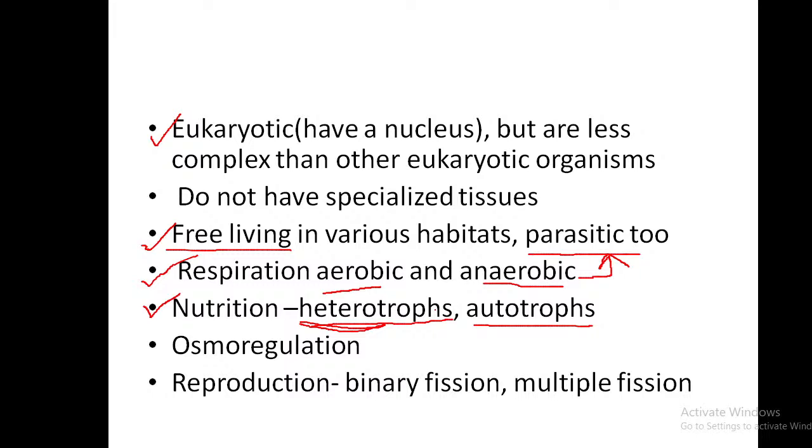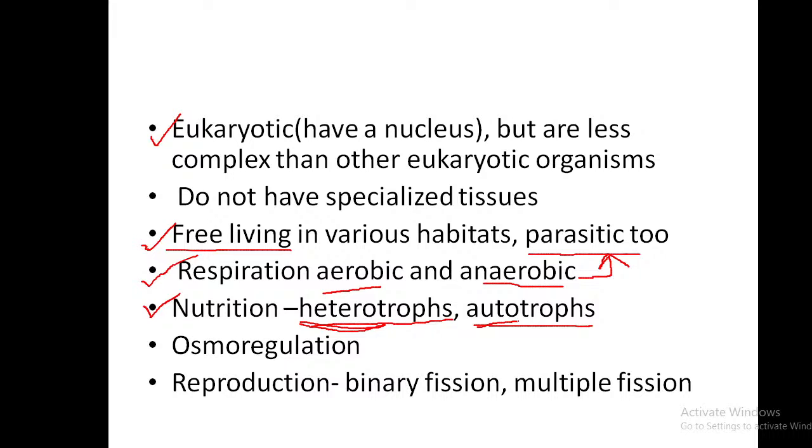Human beings are heterotrophs. We depend on other sources for food. That's heterotroph. Hetero means many. Depending on many sources for food is heterotroph. Autotroph means they can prepare their own food.